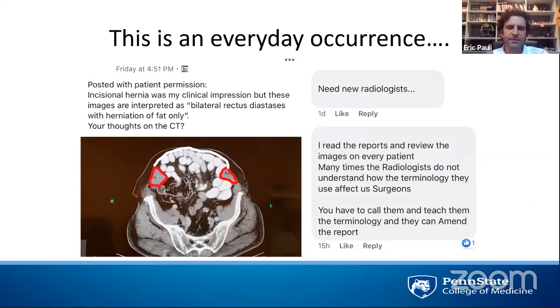And I still do that from time to time. If the interpretation of what they've said on the report is so off from what I'm seeing, I do talk with them and ask them if they will amend the report. If it's just that they didn't include all the information that I need to understand things correctly, I don't bother them with that sort of stuff.